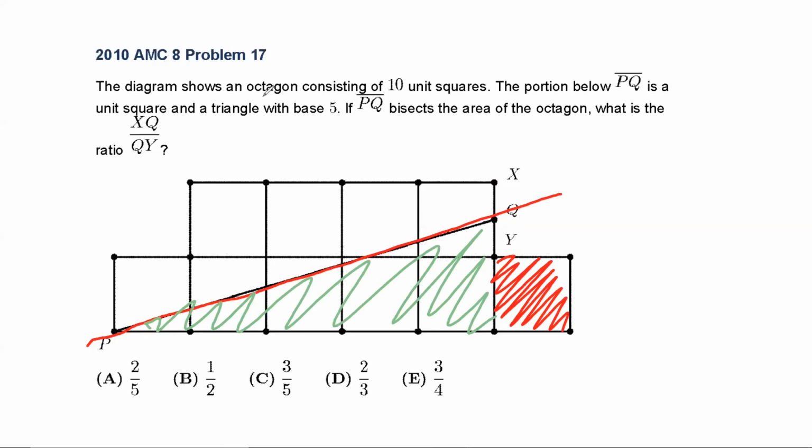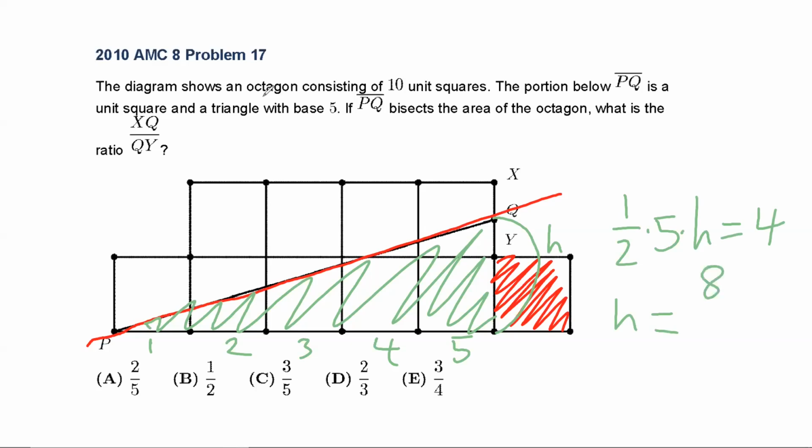We can count that the base of this triangle is 1, 2, 3, 4, 5 units long. Let's say that the height of our triangle here is h. That would mean that 1/2 times 5 times h is equal to 4, which means that h is equal to 8/5 if we solve the equation.